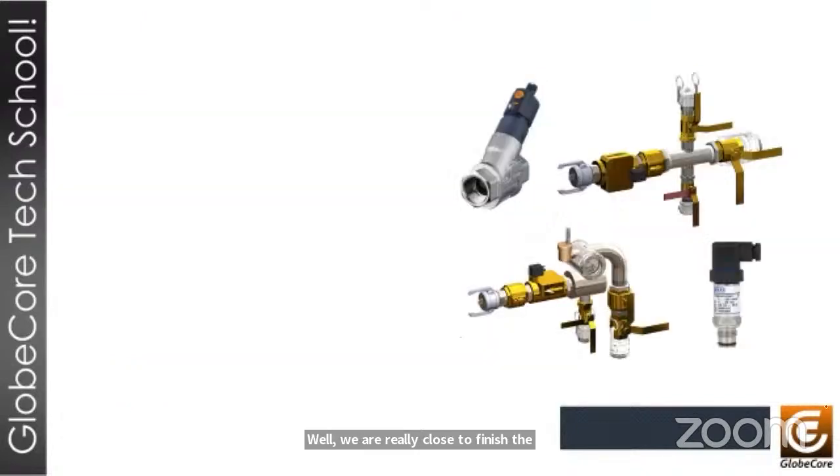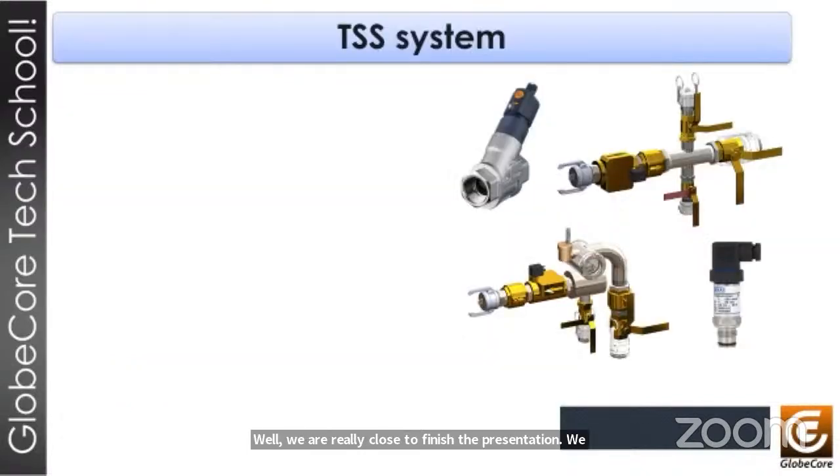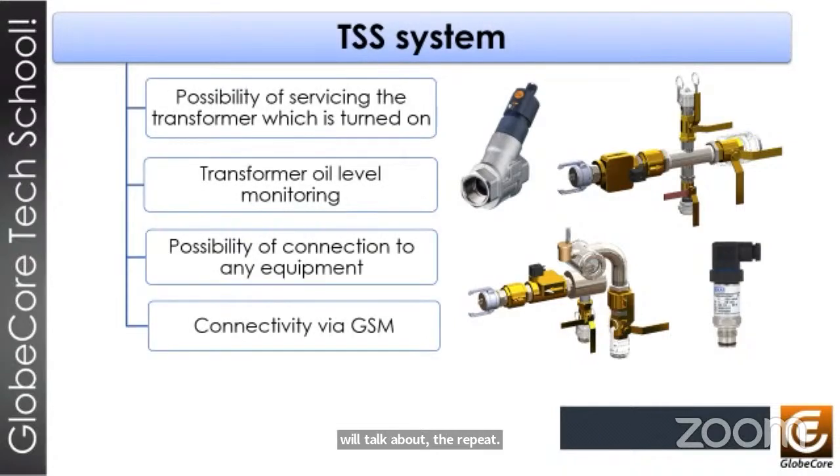We will talk a little bit about the system TSS, and the TSS is a system that we use to work with the transformer working online. This TSS has the possibility of serving the transformer with the transformer turned off. We will have level monitoring of the oil inside of the transformer.